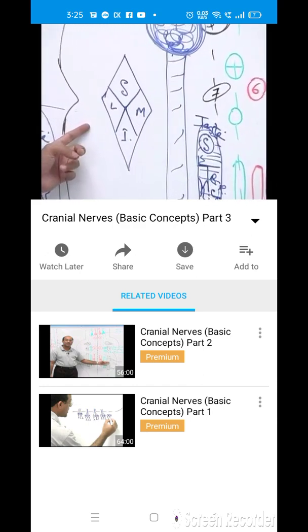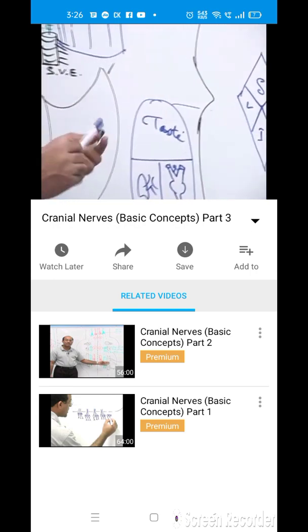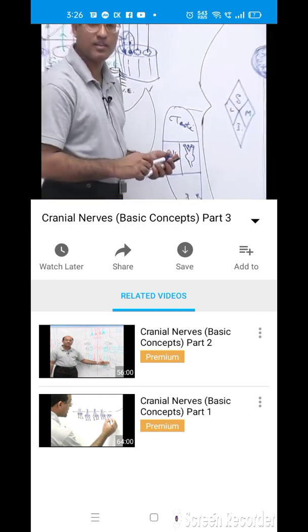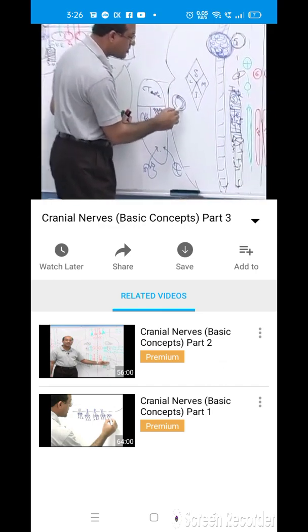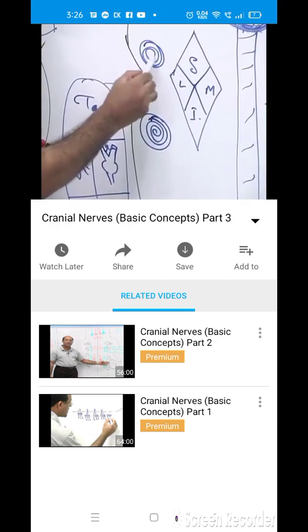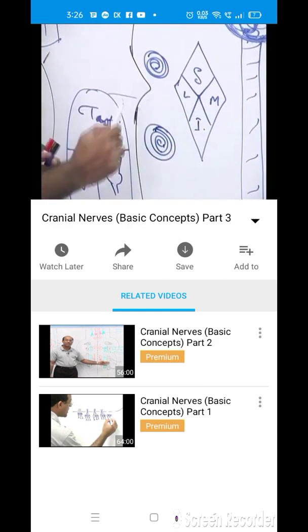Is that clear? Now we come to the last part, which is cochlear. So cochlear, there is a ventral cochlear nucleus and there is dorsal cochlear nucleus. So one is anteriorly present, the other is posteriorly present.